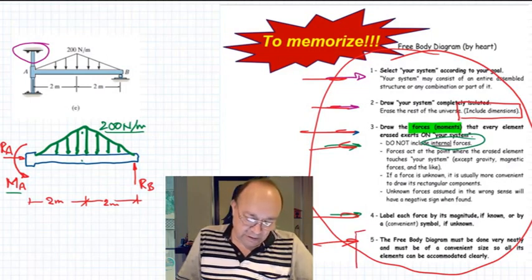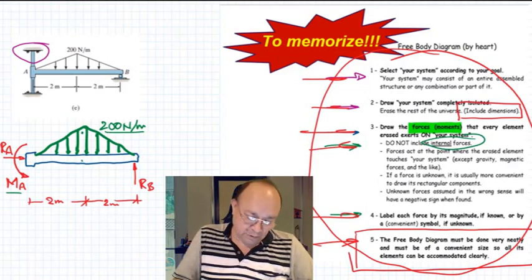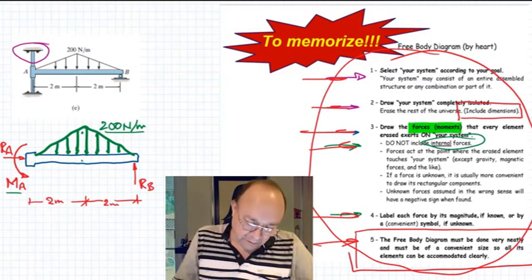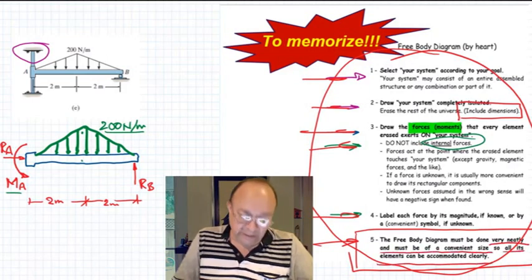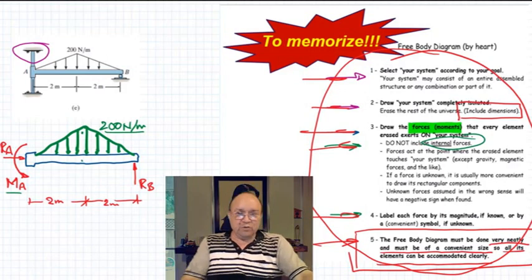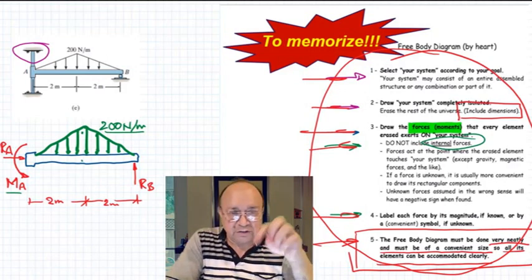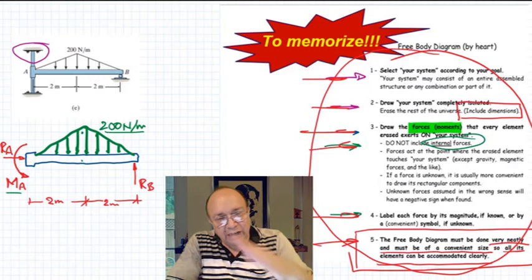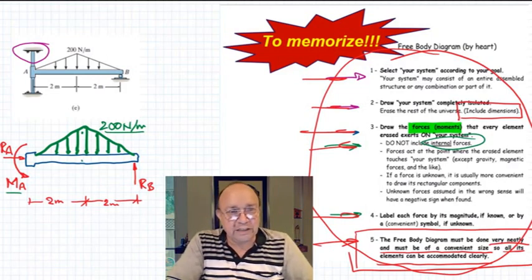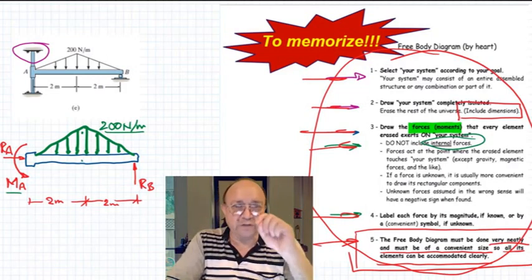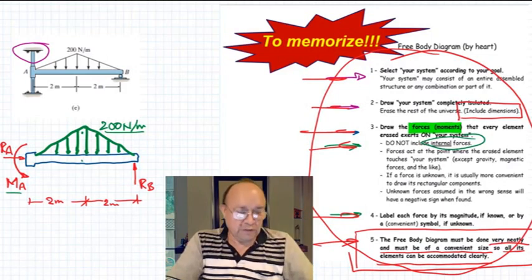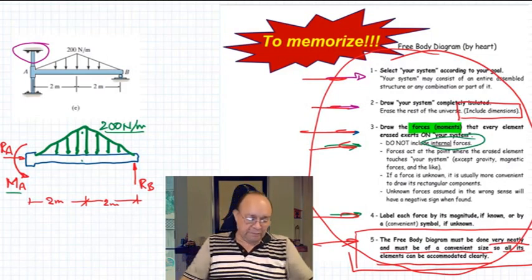This would be, I think, the most important step. The free body diagram must be done very neatly and must be of convenient size so all its elements can be accommodated clearly. You should be able to see all the dimensions and the location of the forces and the angles of the forces very nicely so you can write your equations without a question, without any ambiguity.